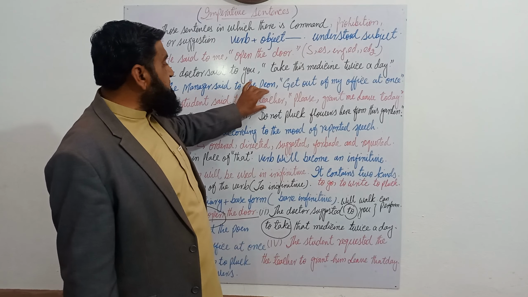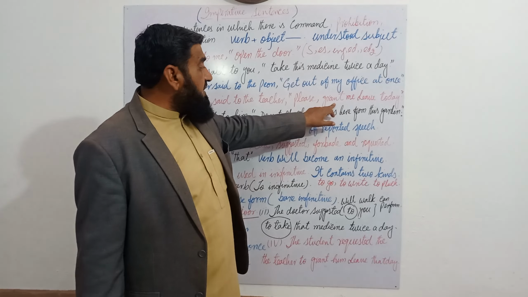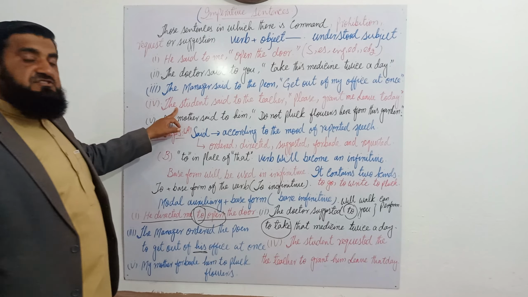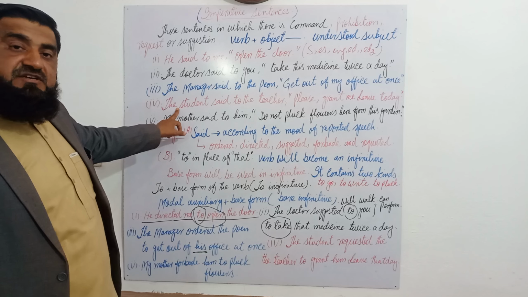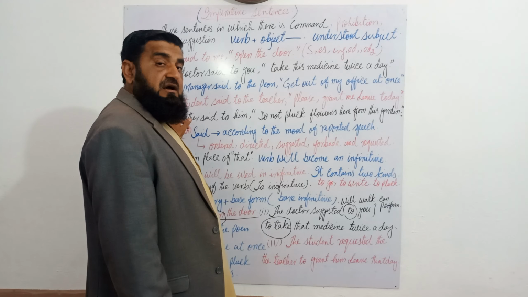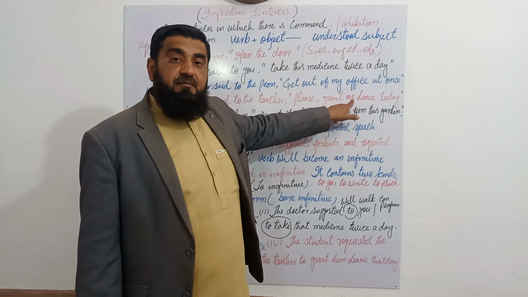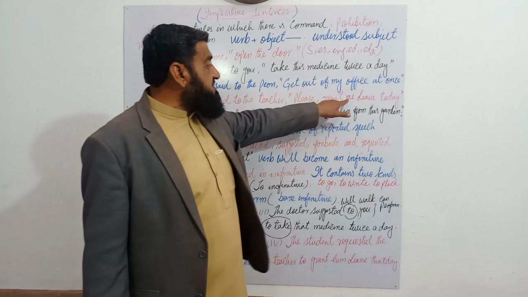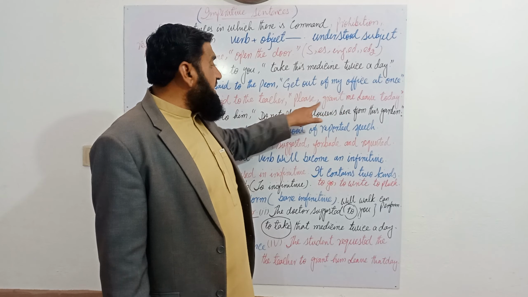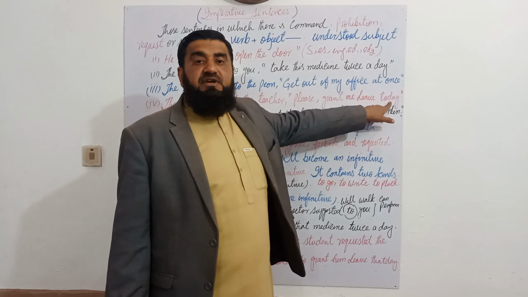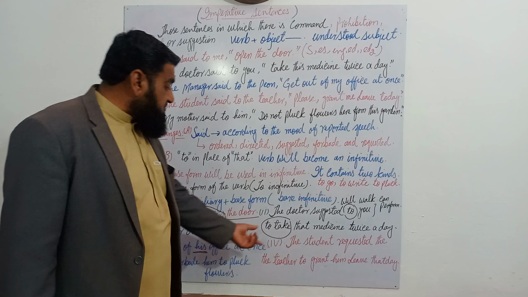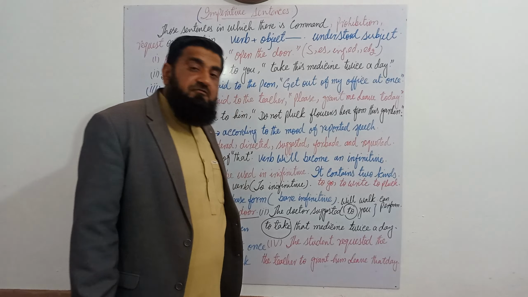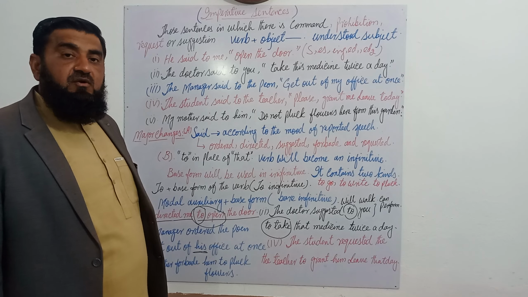The student requested the teacher to grant me, first personal pronoun according to the subject. The subject here is student, so in place of student we can use the objective case, him, because in place of student there will be he. So he objective case is him. So to grant him leave today into that day. So today will be changed into that day. The student requested the teacher to grant him leave that day.